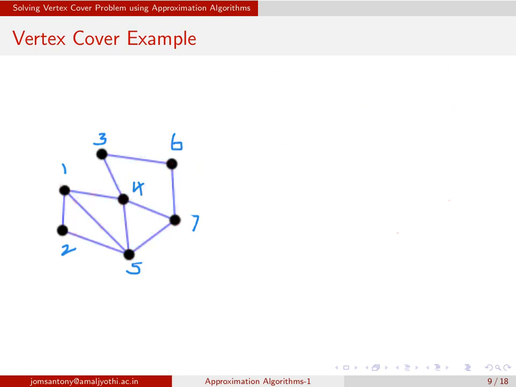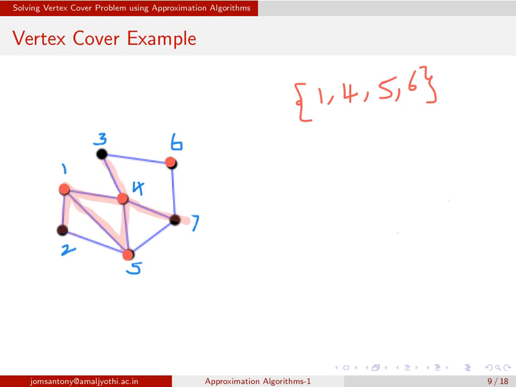Now let us check whether the vertices 1, 4, 5, 6 form a vertex cover or not. Now let me highlight the edges covered by 1, 4, 5 and 6. The edges covered by 1 are (1,2), (1,5), (1,4). The edges covered by vertex 4 are (4,5), (4,1) is already covered, (4,7) and (4,3).